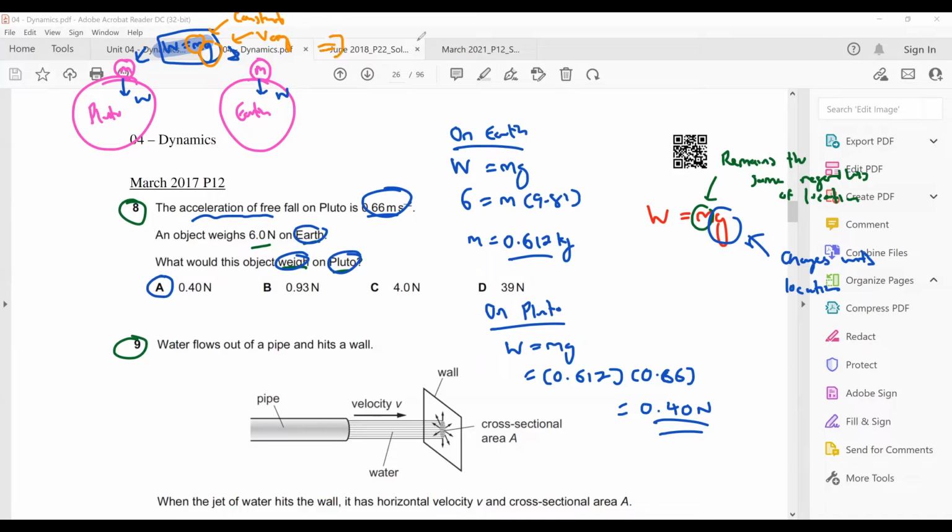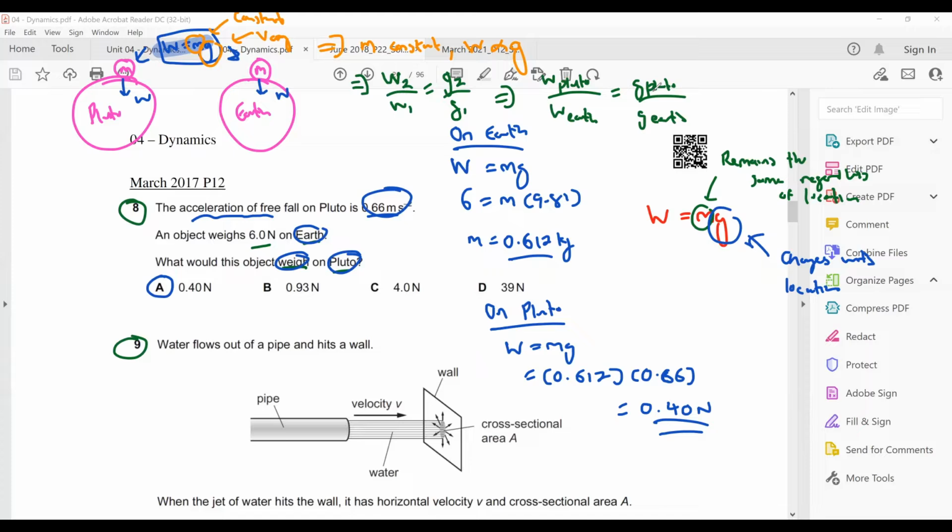So the conclusion I can get here is that m being constant would mean that weight is proportional to g. What this means is that W2 over W1 equals g2 over g1. If I change it to the case of Pluto and Earth, the weight on Pluto to the weight on Earth equals the g of Pluto to the g of Earth.